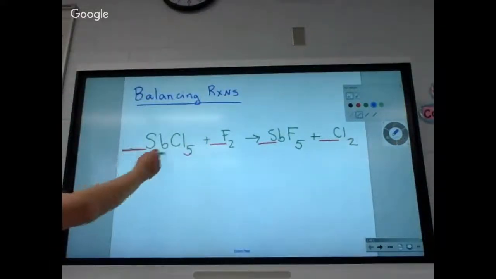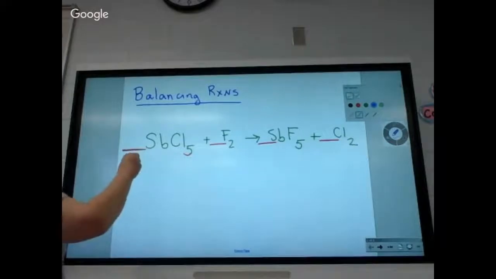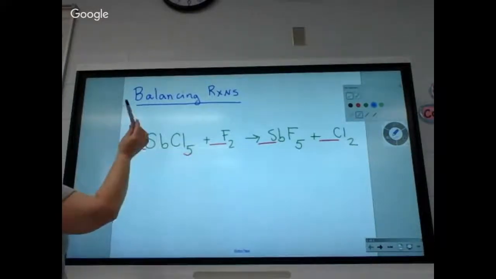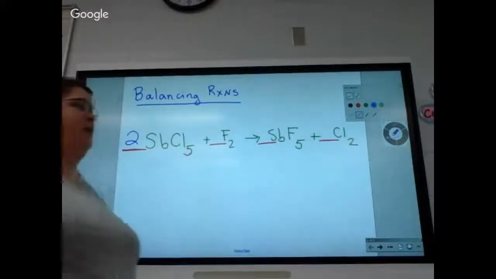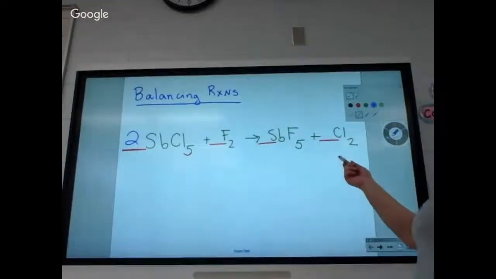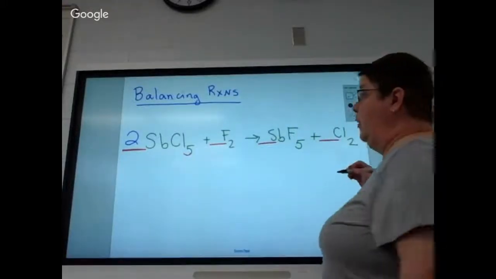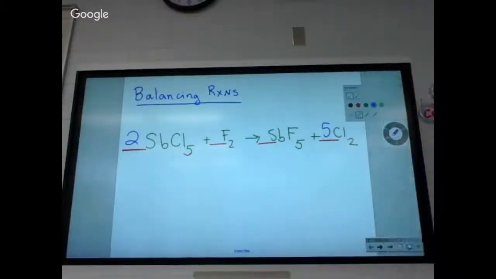So what number do 2 and 5 have in common? 10. So how do I get 10 chlorines on this side? I have 5, so 2 times 5 is 10. Same concept over here. I have 2, so 5 times 2 makes 10.